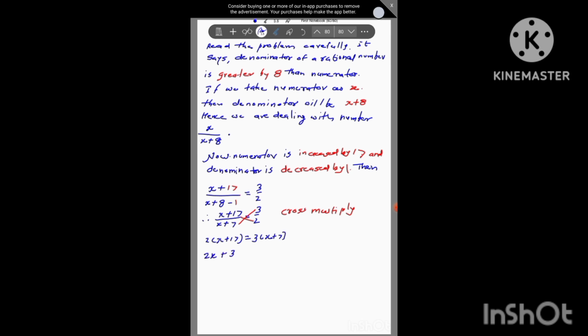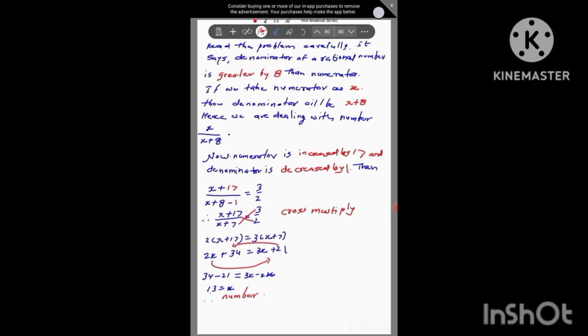If we have enough practice, some of these problems can be solved literally orally. Okay, then we are transferring x to one side. This time it is convenient to transfer to the right hand side and constants to the left hand side. So we are doing it. So we get x equal to 13.